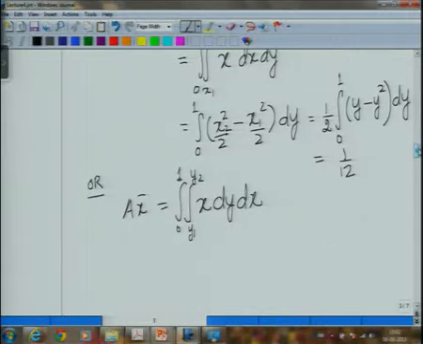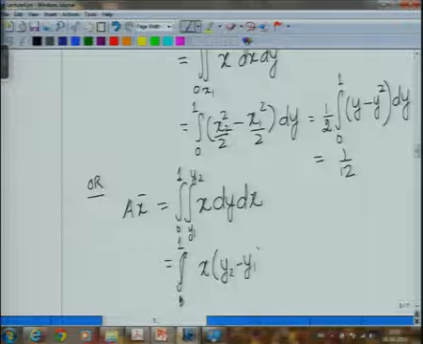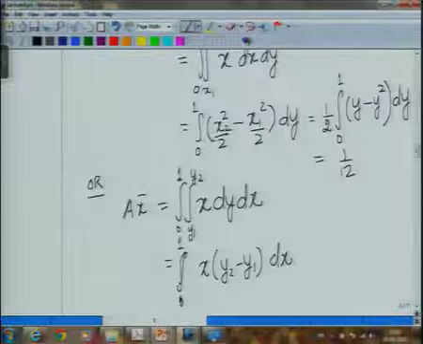So, now how do I integrate this? So, this becomes integral from 0 to 1, x dy will just give me x times y2 minus y1 dx. And now, I put in the values of y2 minus y1.